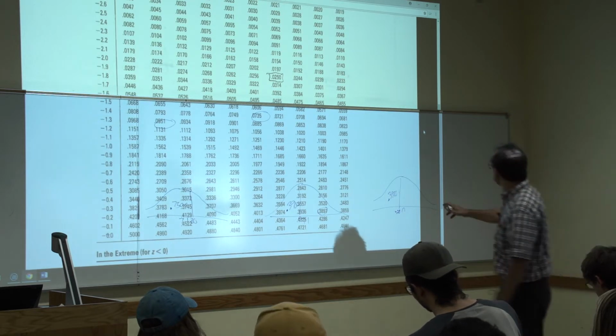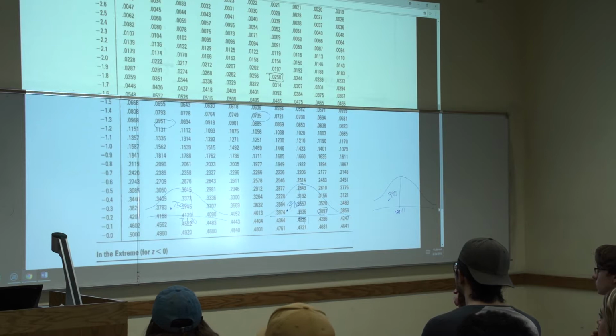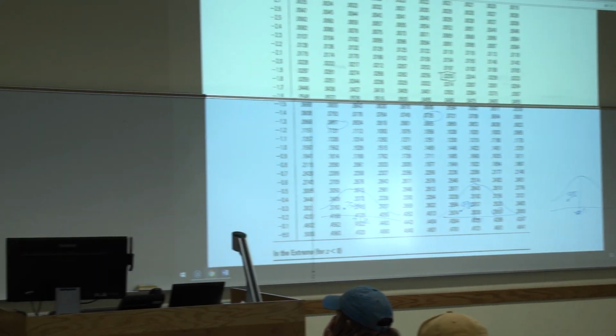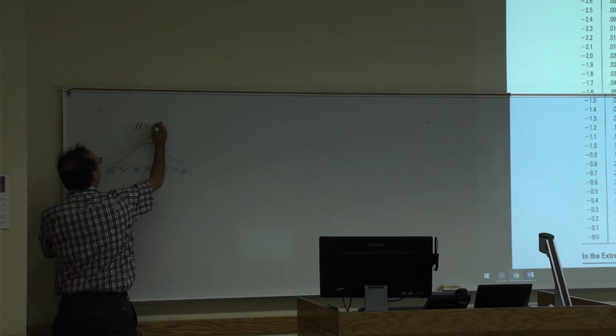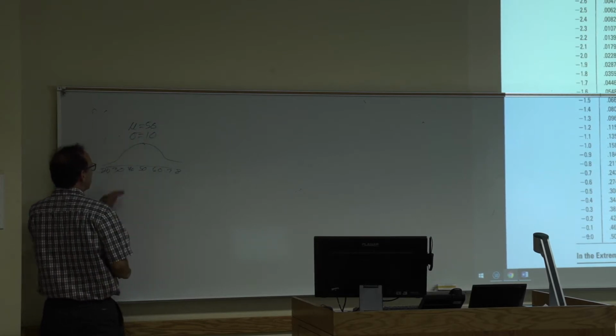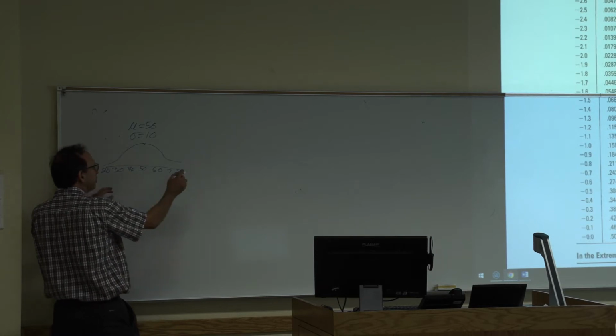That'll convert an x value to a z-score, and then you go to your table, right? So for example, if we had a distribution like this, going from 20, 30, 40, 50, 60, 70, 80, with a mean of 50 and a standard deviation of 10, and I wanted a normal distribution here.